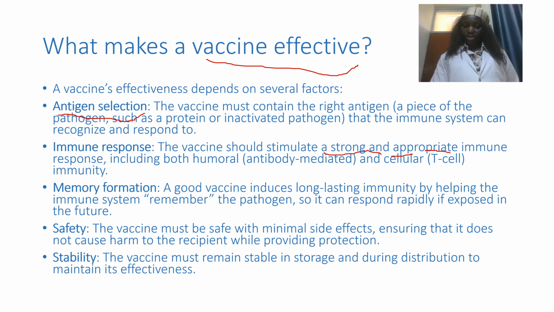The third point is memory formation. A good vaccine induces long-lasting immunity by helping the immune system to remember the pathogen so that it can respond rapidly if exposed in the future. Safety, which is number 4: the vaccine must be safe with minimal side effects, ensuring that it does not cause harm to the recipient while providing protection.